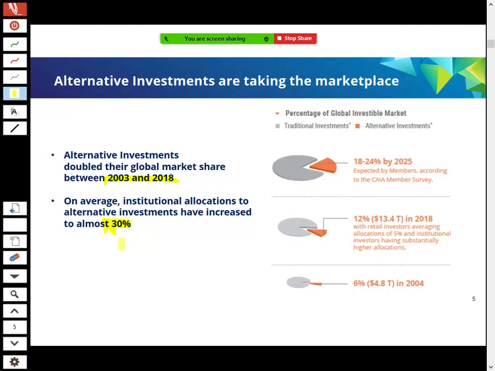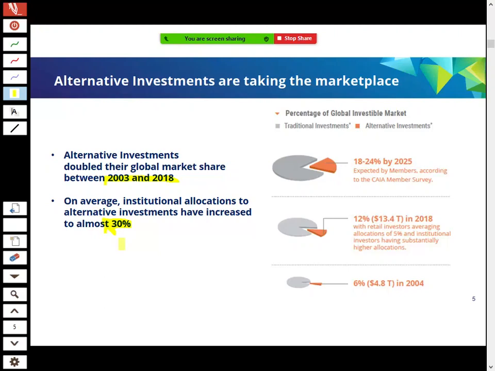But of course, what I'm talking about now is the largest endowment funds. For the smaller ones, maybe the allocation is not that much, but probably in the region of 30 to 50%. For some practical reasons, they cannot increase their allocations to over 50%. But anyway, it demonstrates that the share of alternative investments in institutional investors' portfolios is quite substantial by now. And it is still growing.